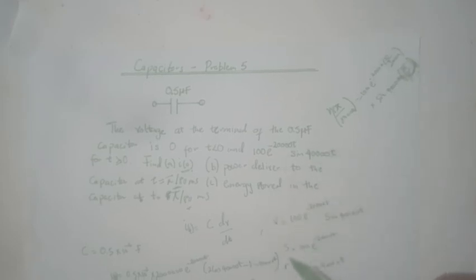So if we substitute t equals pi over 80,000 seconds in this equation, we arrive at V at pi over 80,000 seconds equal to 45.59 volts, and I at the same time would be equal to 0.46 amperes. You can just do that with your calculator.